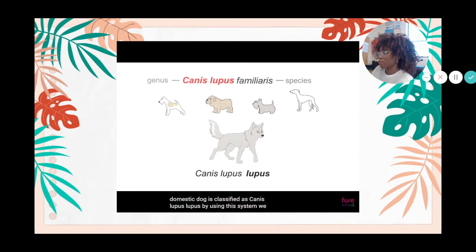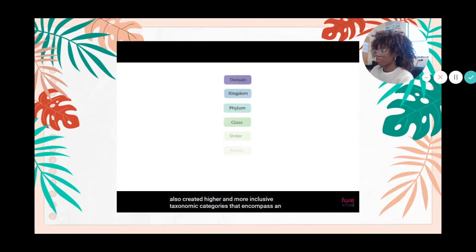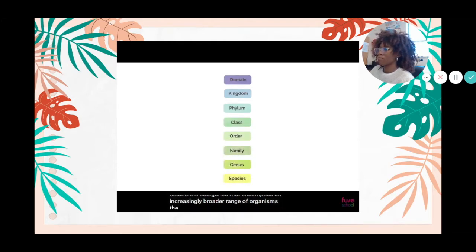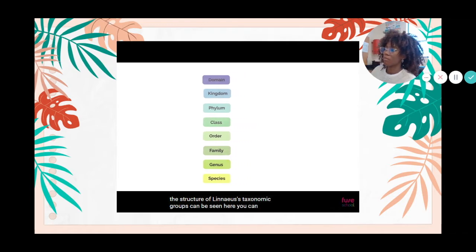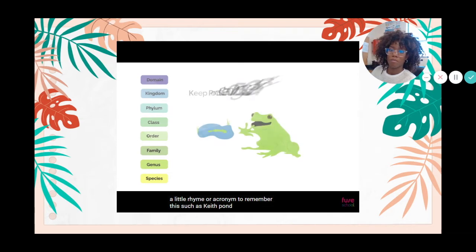By using this system, we can classify organisms according to their shared evolutionary history. Linnaeus also created higher and more inclusive taxonomic categories that encompass an increasingly broader range of organisms. The structure of Linnaeus' taxonomic groups can be seen here. You can make up a little rhyme or acronym to remember this, such as keep ponds clean or frogs get sick.